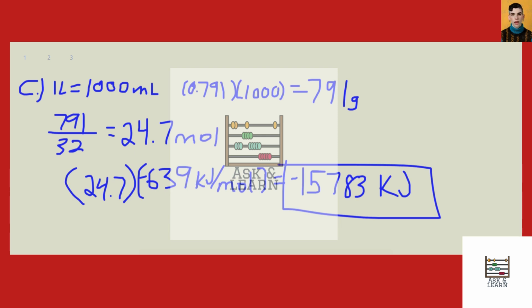That's how much energy is released from the combustion of a liter of methanol.